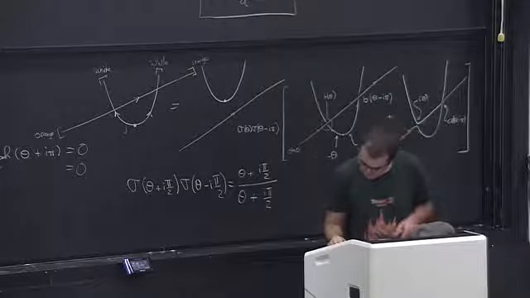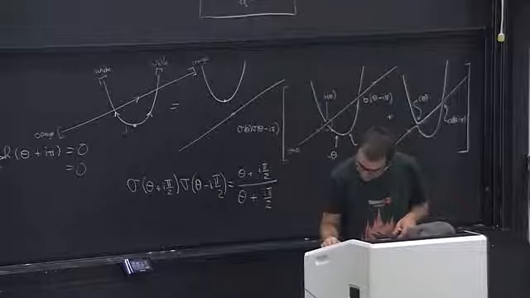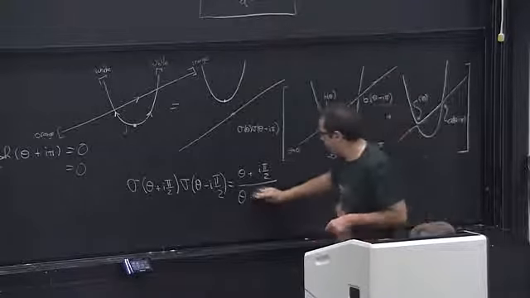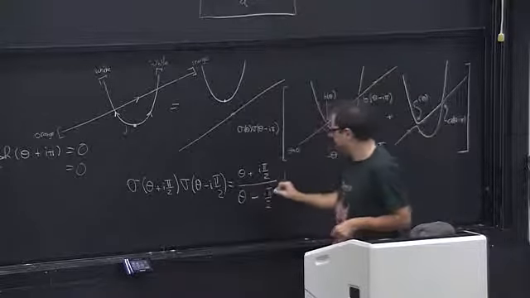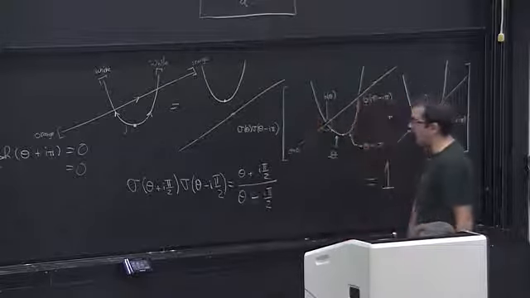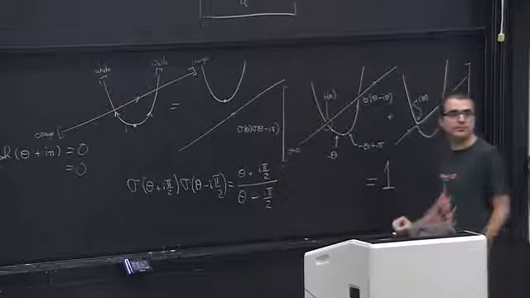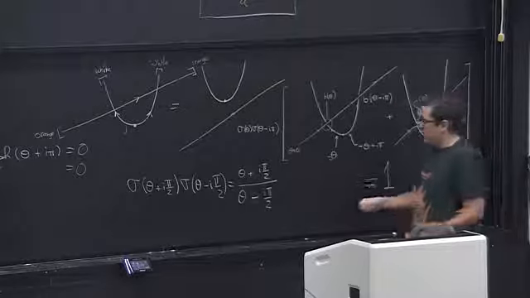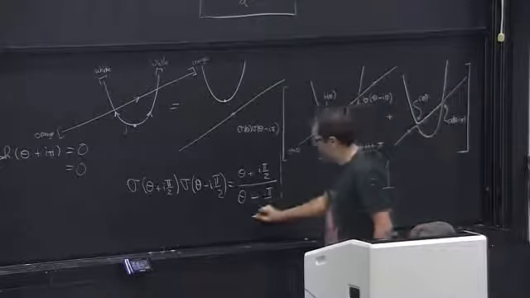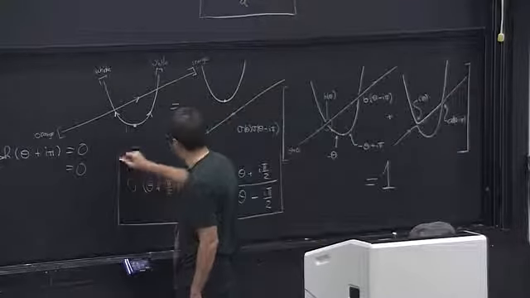One sign is wrong. So this square bracket gives the inverse of this. Okay. So this is something powerful, you see?